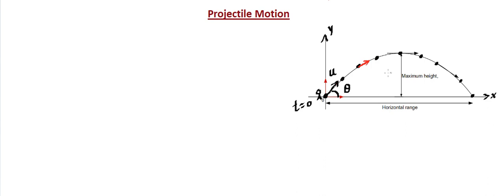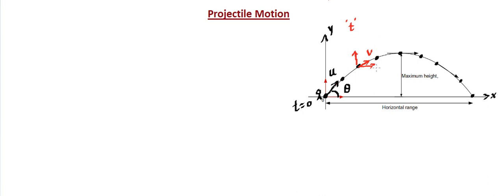One component is along the horizontal direction, and another component is in the vertical direction, that means in the y direction. Let's say that velocity is v, and this v is at any time, so that's the general velocity we are talking about. If we can get this v, that means we know what the velocity is at all times. So this will have two components.